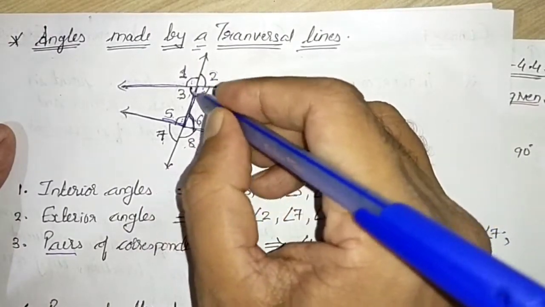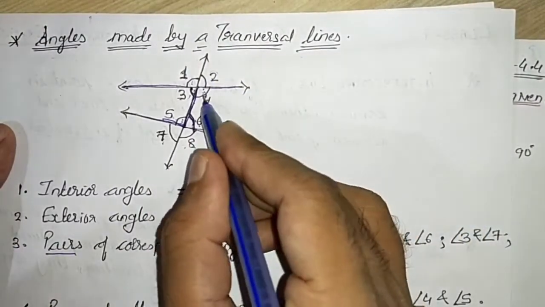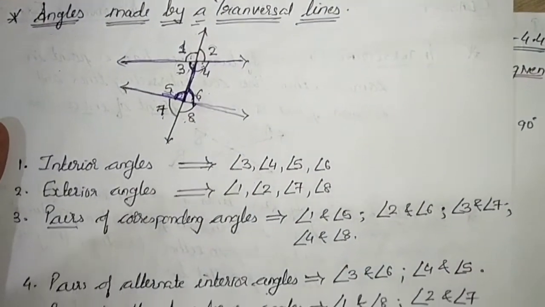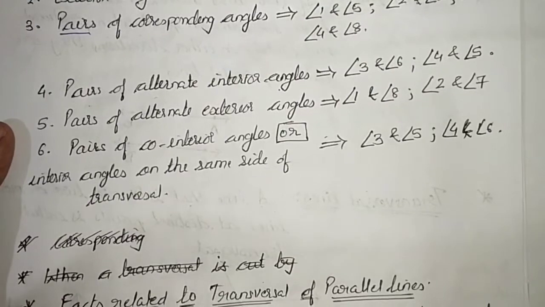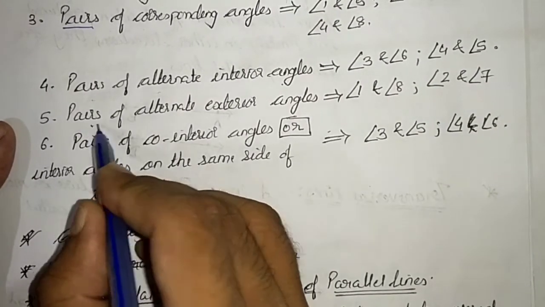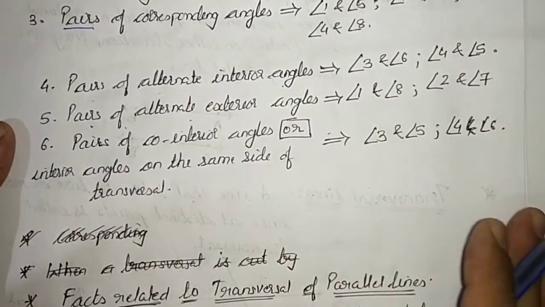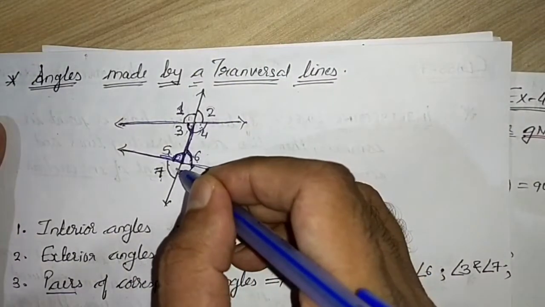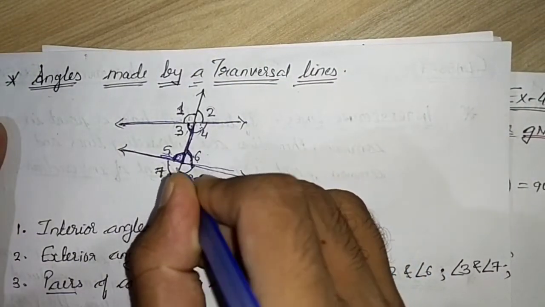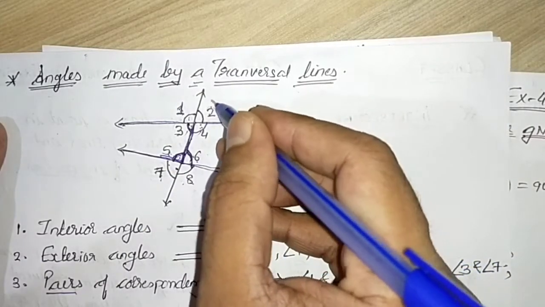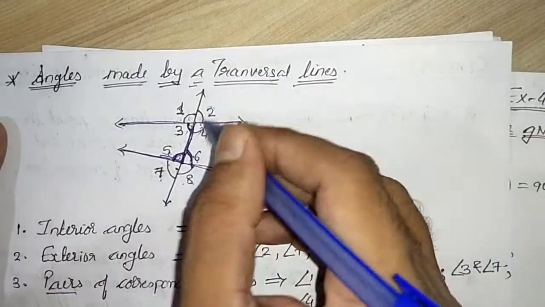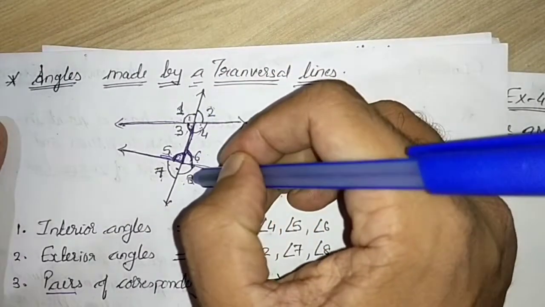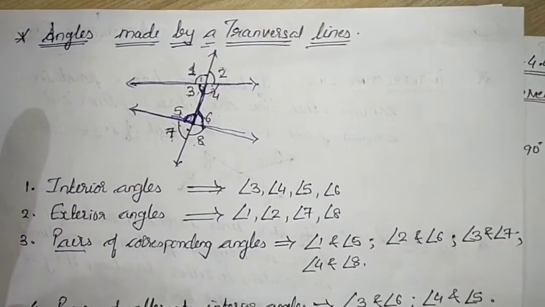These are called alternate interior angles. 4 and 5 are called alternate interior angles. Hope you are understanding. Now, pairs of alternate exterior angles. Exterior means the one which is outside. Alternate means one from this side and the opposite of that, two exterior angles. 7 and 2 are alternate exterior angles. 1 and 8 are called alternate exterior angles.